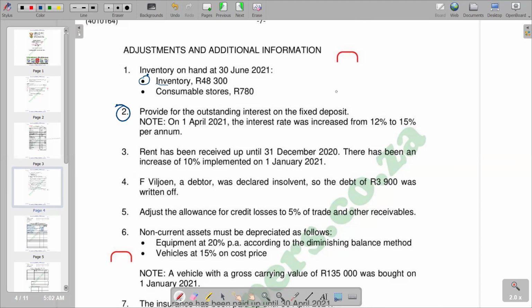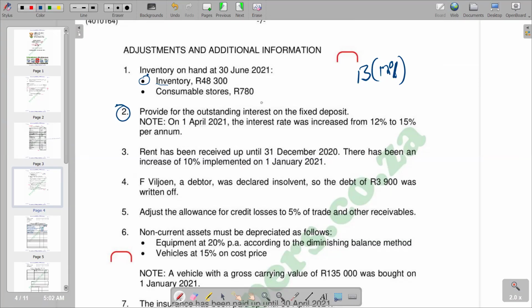So let's find the number of months before the increase, which uses 12%. The year begins on 1 July and the increase was on 1 April.